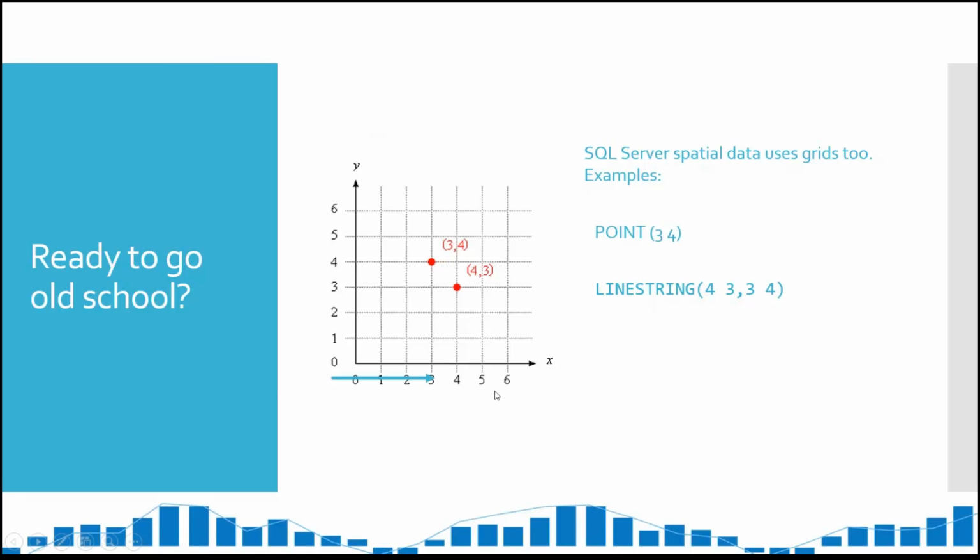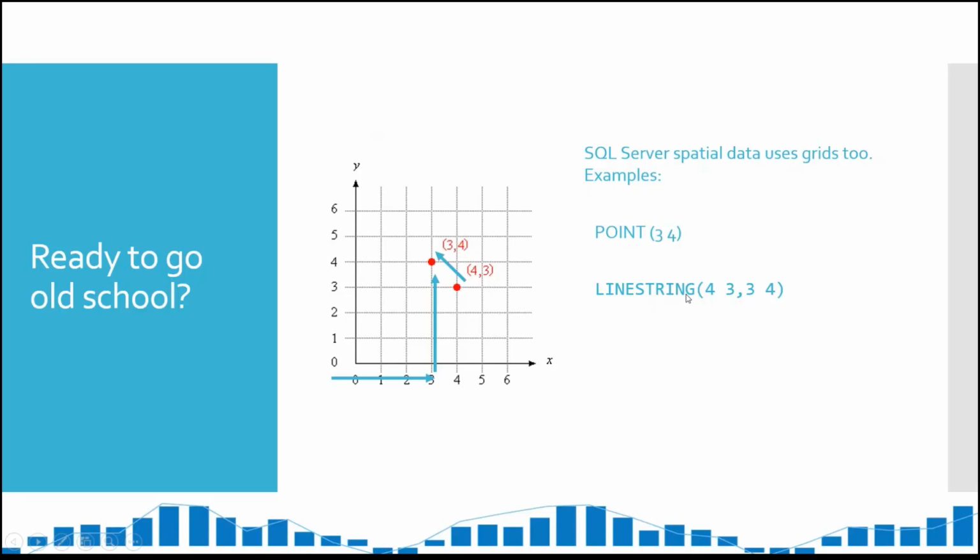So you go over on the x and up on the y. Spatial data does that as well, and you can see over here on the right a point, which is a shape inside of spatial data, is dictated by spaces. So the first point is 3 on the x-axis, then a space, and then 4 on the y-axis.